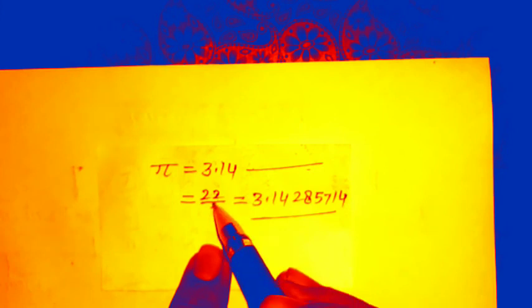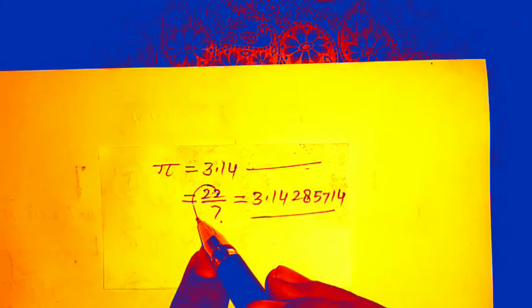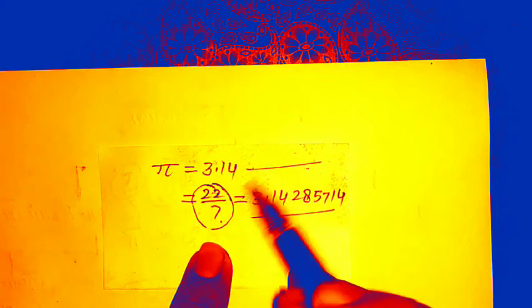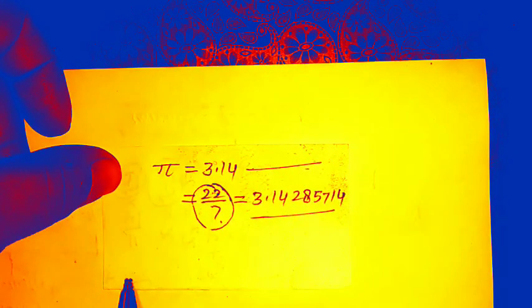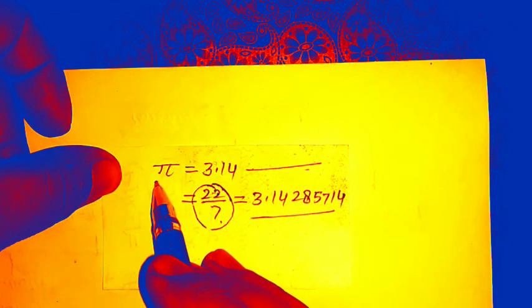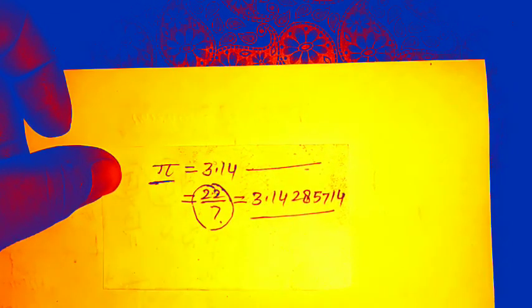In my introduction video of number system, there is a question. Here we took the value of pi as 22/7, but the definition of an irrational number is a number that is not in the form of p/q, while here the value of pi, 22/7, is in the form of p/q. So how is this possible? Pi is an irrational number.